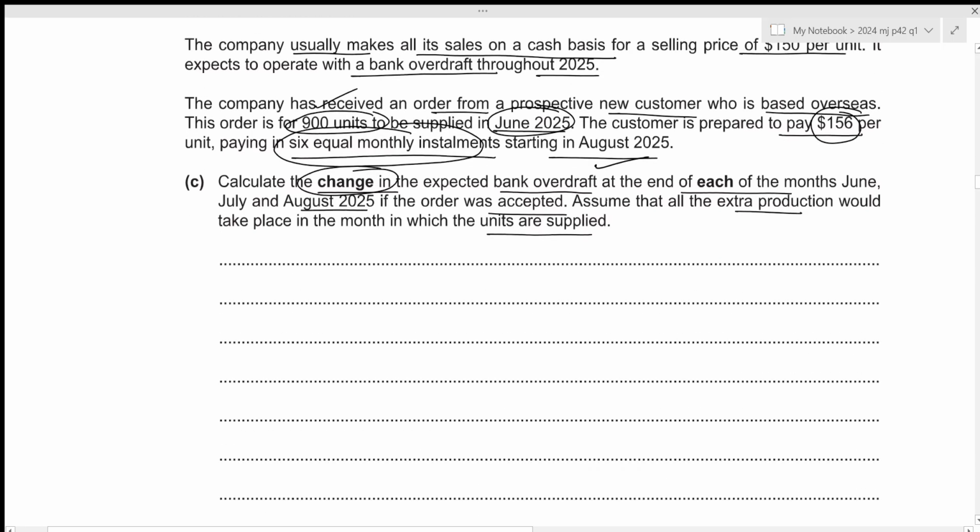Let's write it down. I think we can prepare 3 different columns for the 3 months. So June, July and August. Let us first talk about the direct materials.